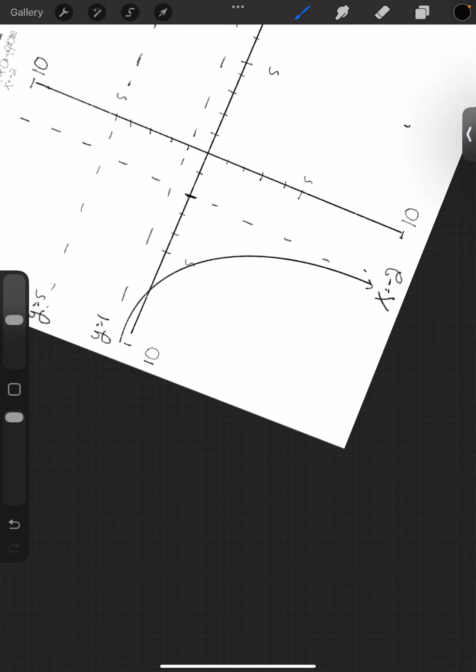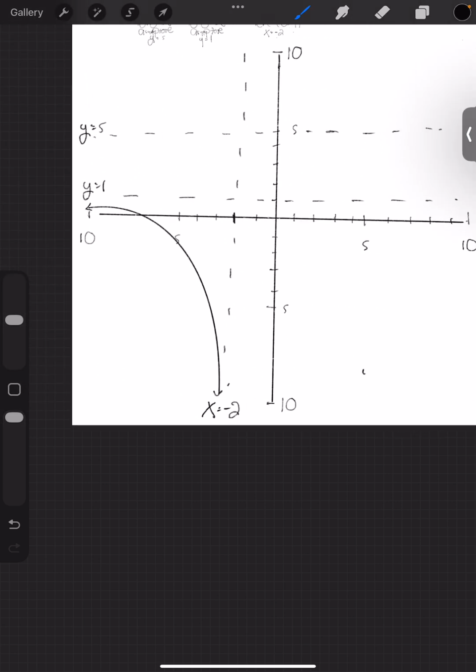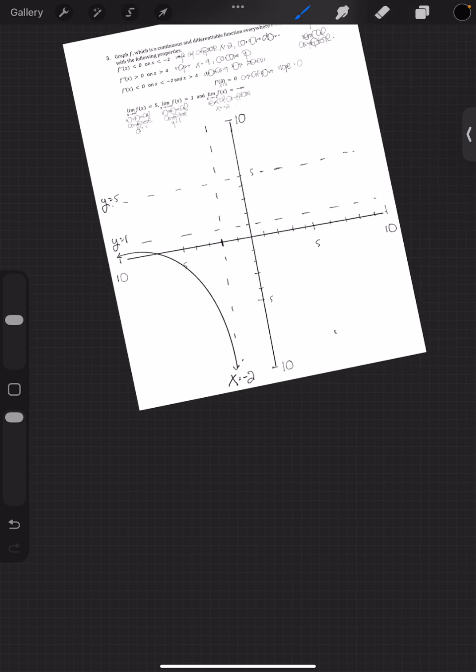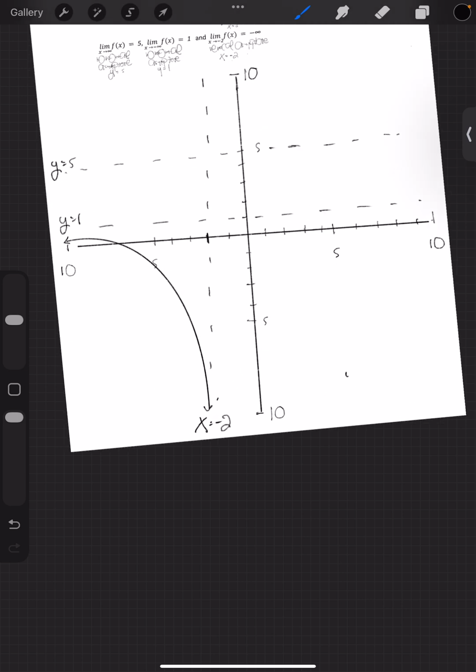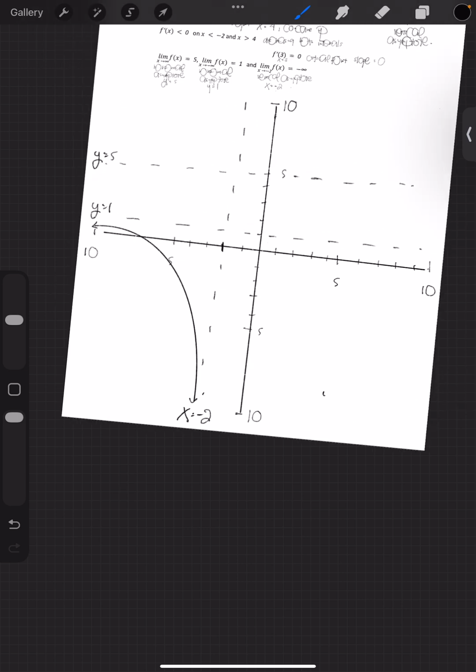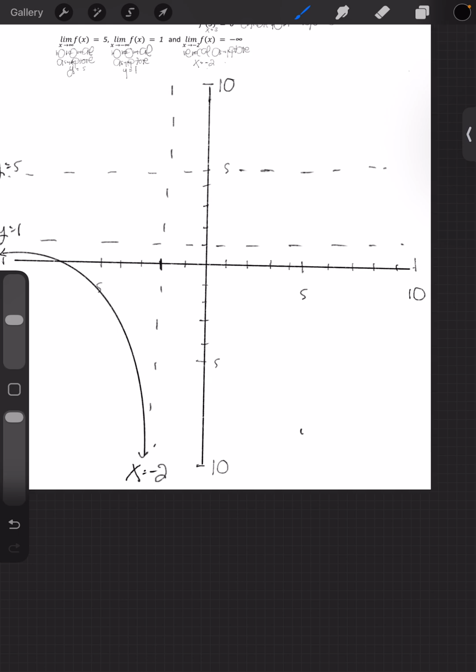It won't touch our asymptote on either y equals 1 or x equals -2. So not touching our asymptotes, but just concaving down.